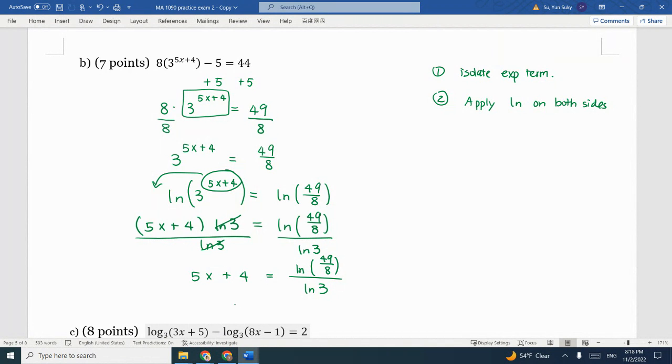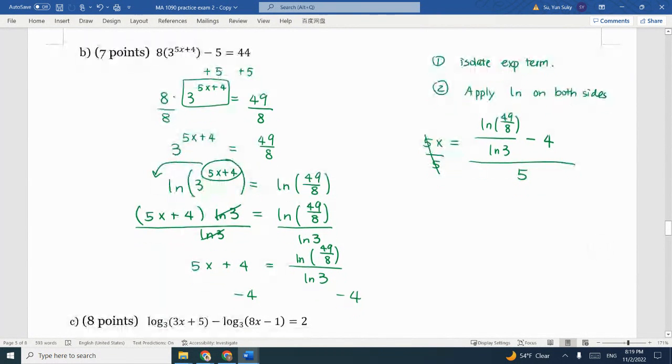Okay, now continue. We can subtract 4 from both sides. We get 5x equals ln of 49 over 8 divided by ln of 3, and we subtract 4. Finally, divide both sides by 5. Okay, so this is what we get, and now we input it in our calculator. You have to be careful about how you input it.